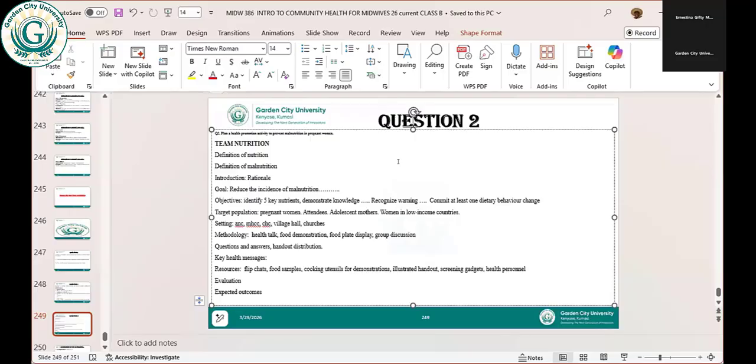What are the team members? Where you defined nutrition, then you defined malnutrition.